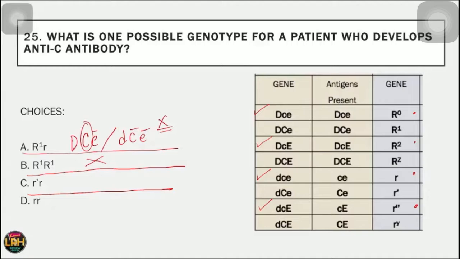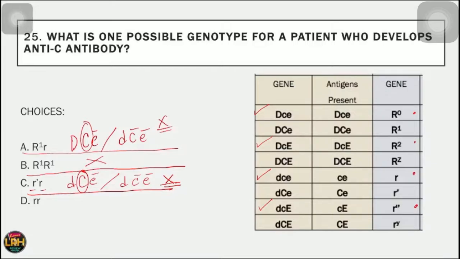Letter C, R apostrophe and the letter R. This produces big C and small e, and small c and small e for letter R. So this gene type excludes this choice or option for number 25.